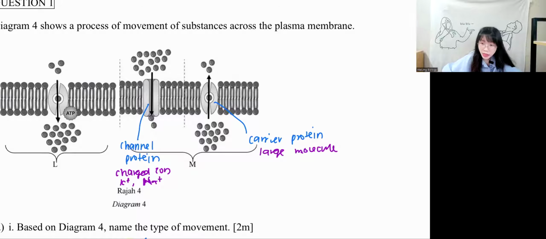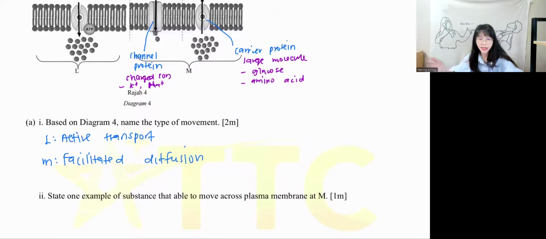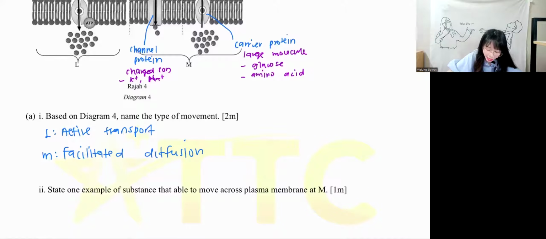Large molecule, what is the example of large molecule do we have? We have glucose. What else? We also have amino acid. So you can choose either one here. Just write any one example. You can choose to write glucose or amino acid, whichever one, guys.